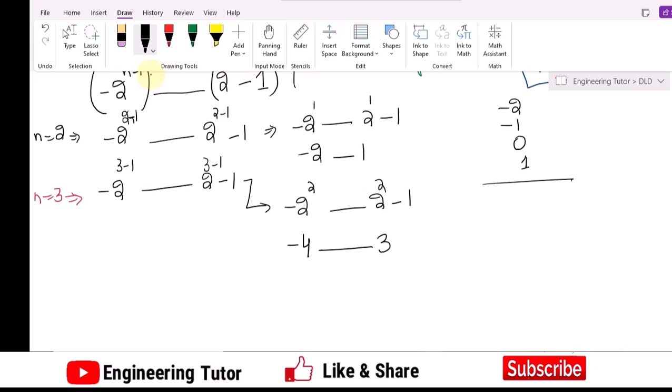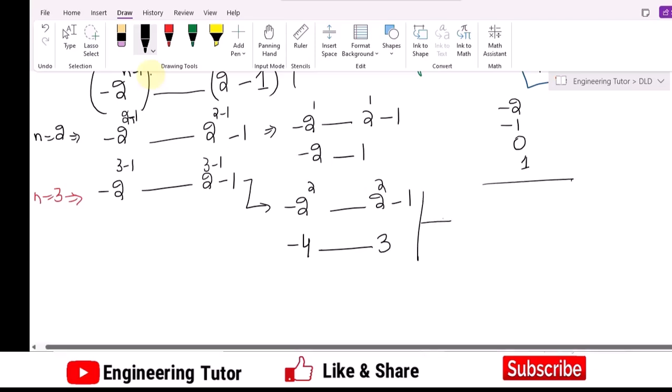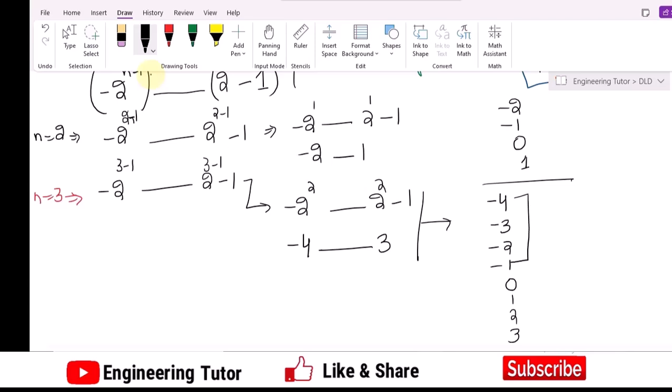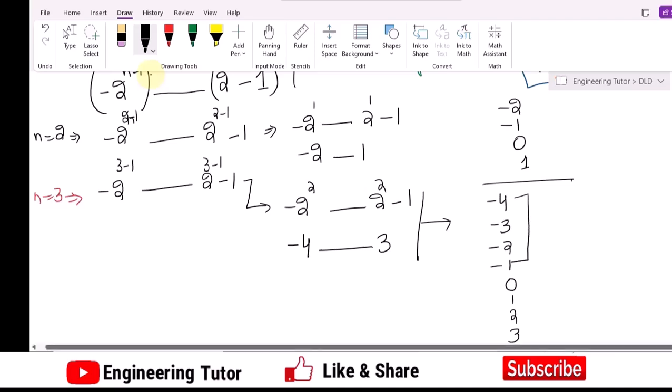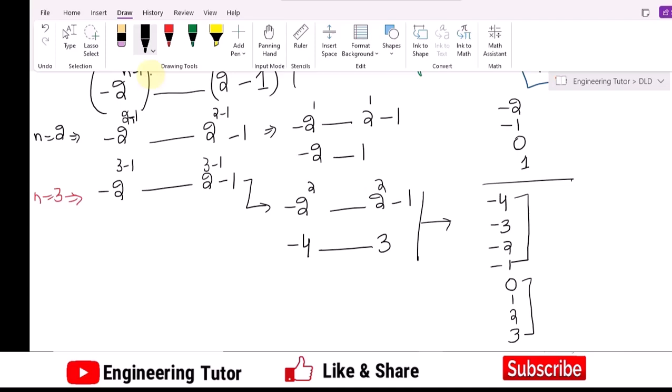The numbers would be -4, -3, -2, -1, 0, and also 1, 2, 3. These are a total of 8 numbers, with 4 negative numbers and 4 positive numbers as well.